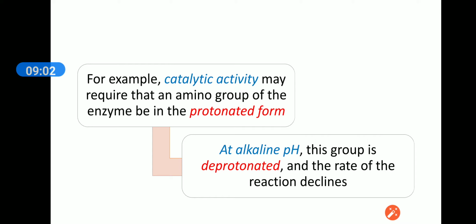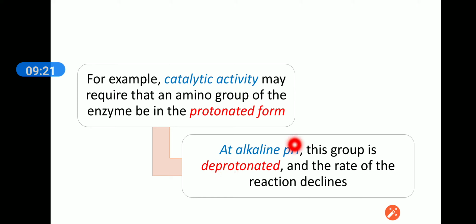But if that enzyme faces an alkaline medium, at alkaline pH this group will be deprotonated, due to the zwitterion effect we studied in our protein lectures.